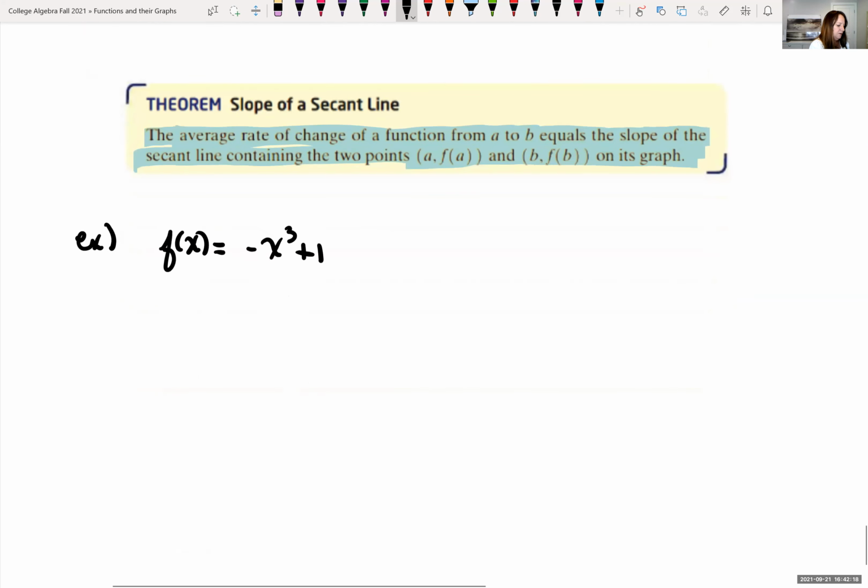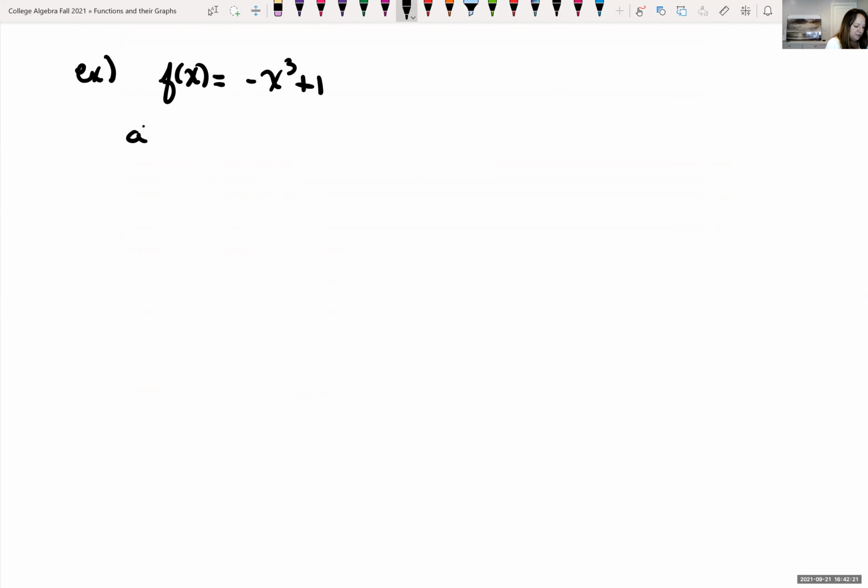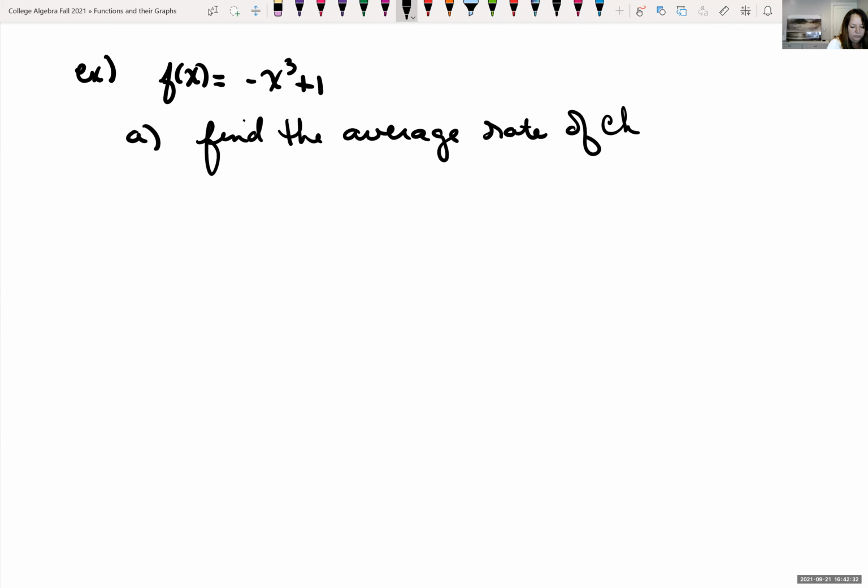And we want to find the average rate of change on the interval, let's say negative 1, 3. So we want to find the points. So let's look at what's happening.